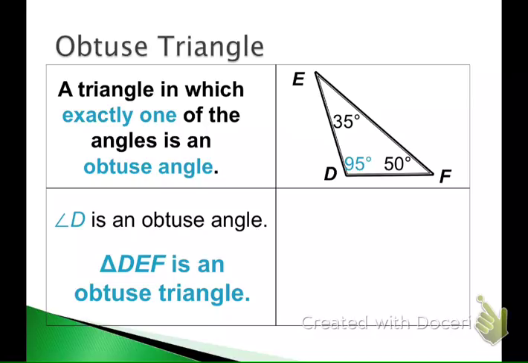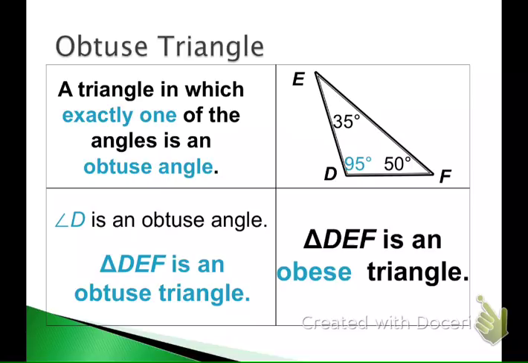So as long as you have one of the angles that is obtuse, then we call the whole triangle obtuse, okay? Now, one way to kind of remember this is if you think of the word obese. So that's one way you could remember that it's a big angle that's in there, so it's bigger than 90 degrees. Okay?